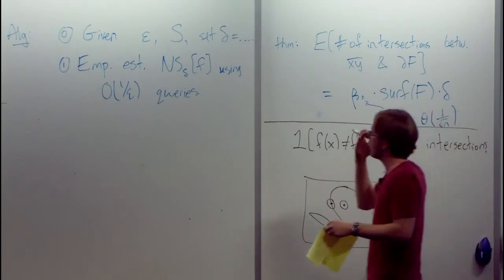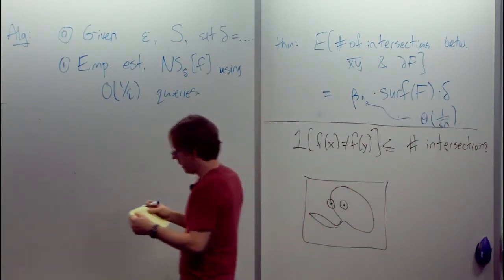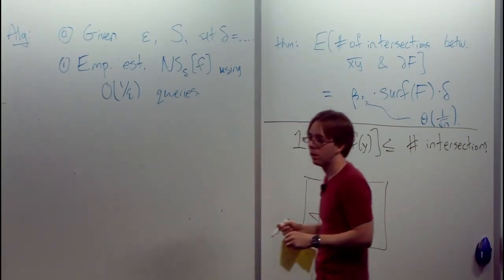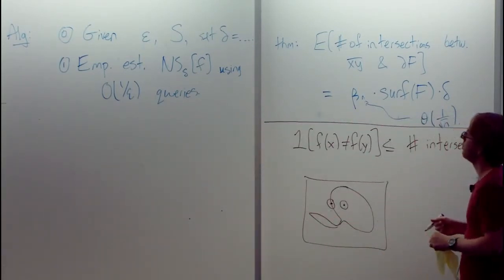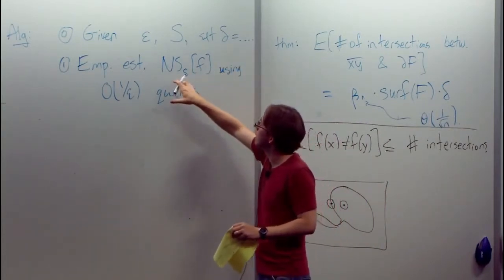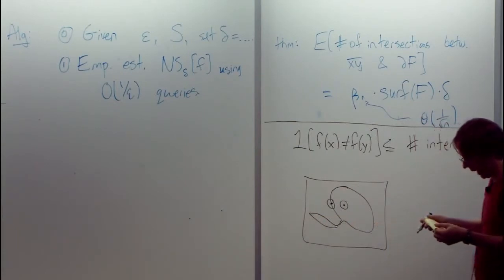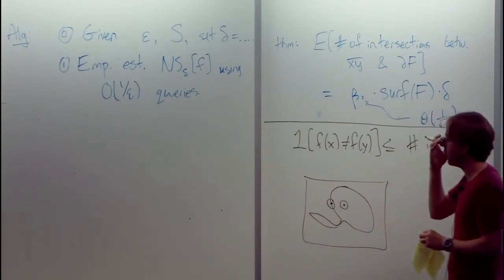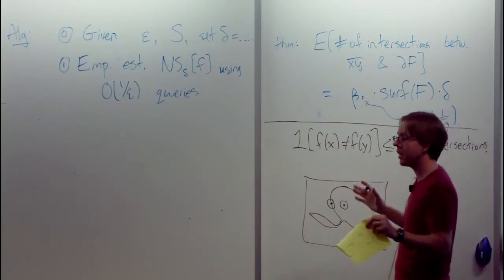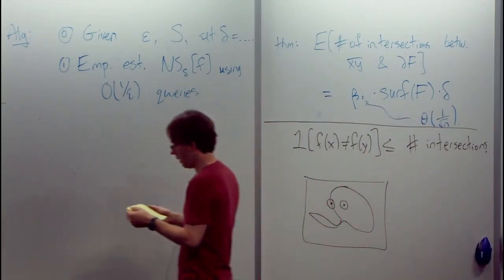So it's basically as if you actually knew the noise sensitivity at delta of f. Well, it actually depends on how big this quantity I'm trying to estimate is. I won't get into the exact details of the query complexity, but it's all standard Chernoff stuff.